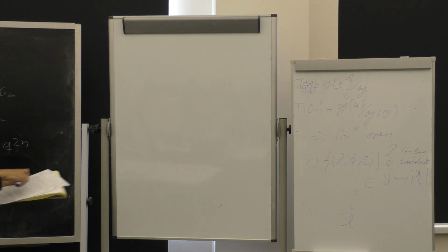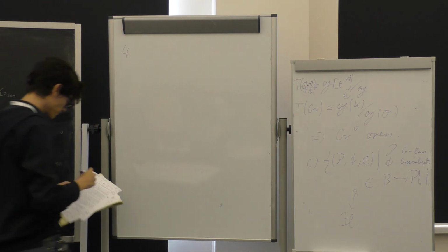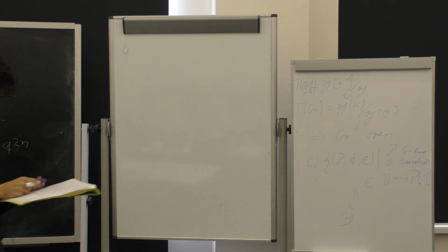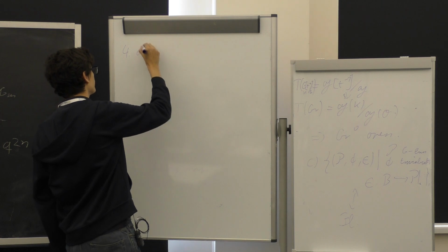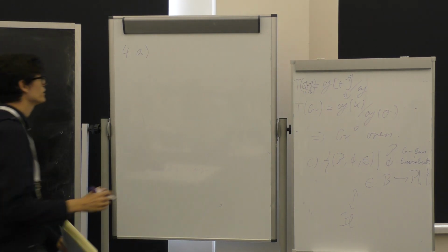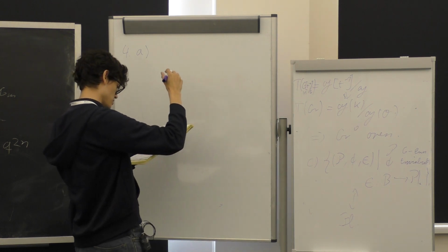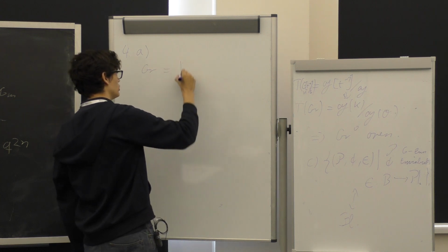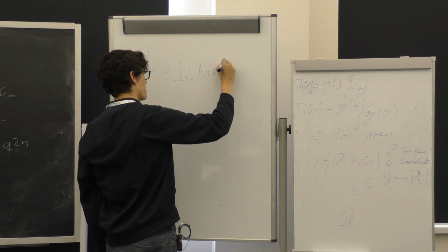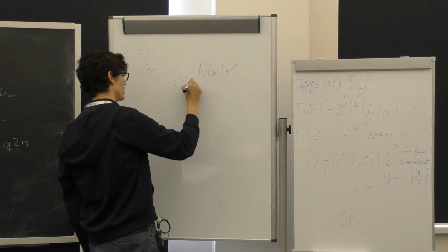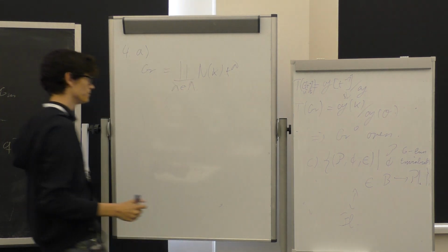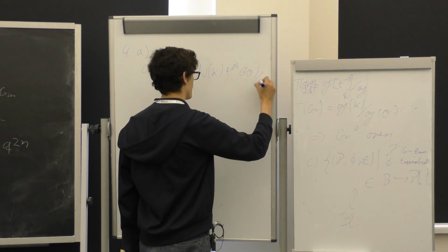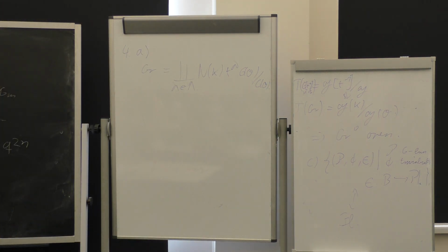OK, then for problem 4, let's start with part A. We're supposed to show that the affine Grassmannian is equal to the disjoint union of N(K) t^lambda for lambda in the coweight lattice.